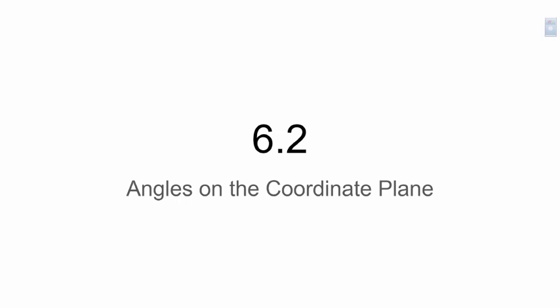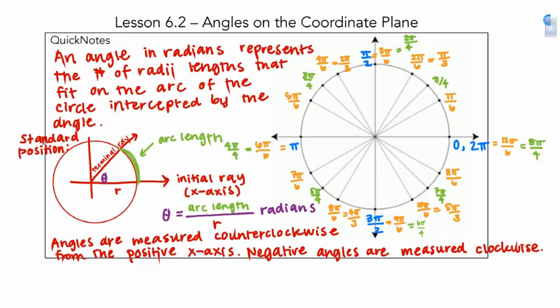That's what degree meant. Now, when we talk about an angle in radians, it represents the number of radii lengths that fit on the arc of the circle intercepted by the angle.